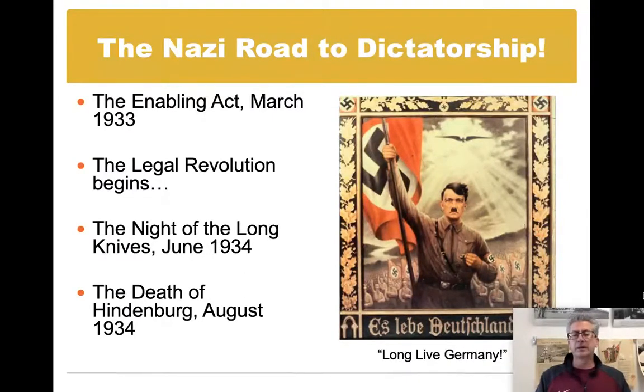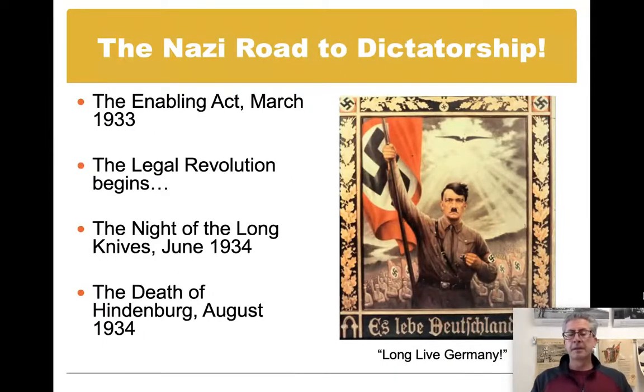But with the Night of the Long Knives, he sends a message to the conservative business leaders, to the military, that you do not need to worry about a second revolution, and that he is firmly in charge, and that he is a strong leader, and he will look out for certain elements of Germany, more specifically the industrial complex that is going to be married with the military here.